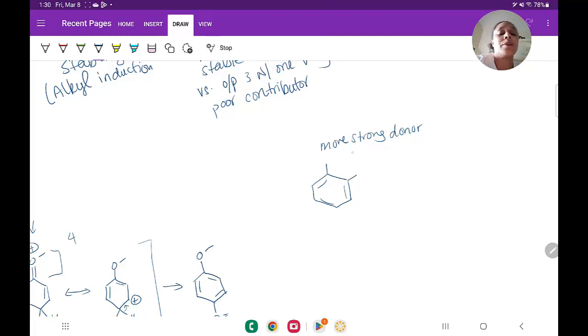So the stronger one will dominate if they're opposing each other, and if the directing effects are not opposing each other, then you don't really have a problem. So it's only when they oppose each other. So depending on what it is, the stronger donator is going to dominate. If there are only withdrawing groups, the weaker of the withdrawing is going to make an effect, because remember, the stronger the withdrawer, the more it will counter the ortho-para effect.